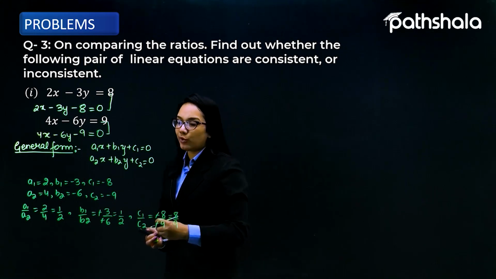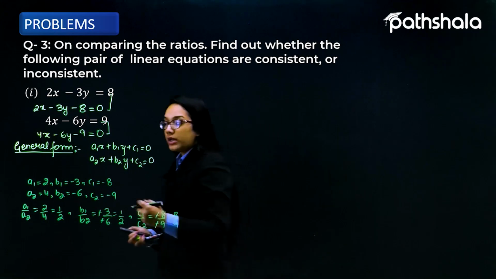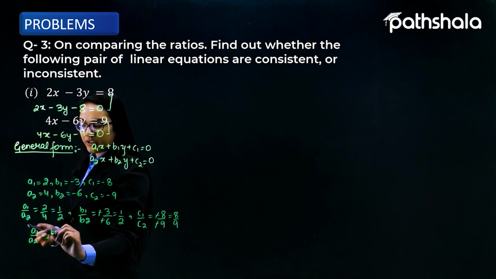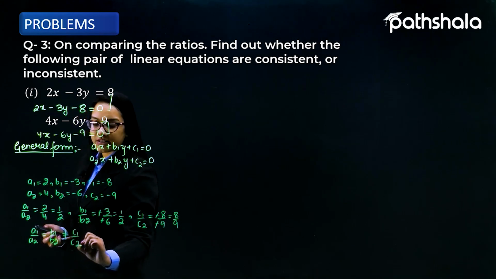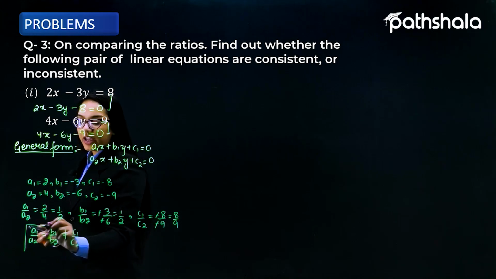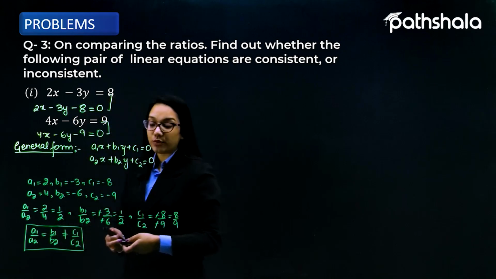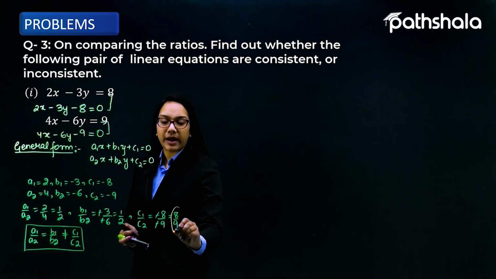So what can we conclude from the ratios? That a1 by a2 is equal to b1 by b2, but it is not equal to c1 by c2. a1 by a2 is half, b1 by b2 is also half, but c1 by c2 is not half. It is 8 by 9.